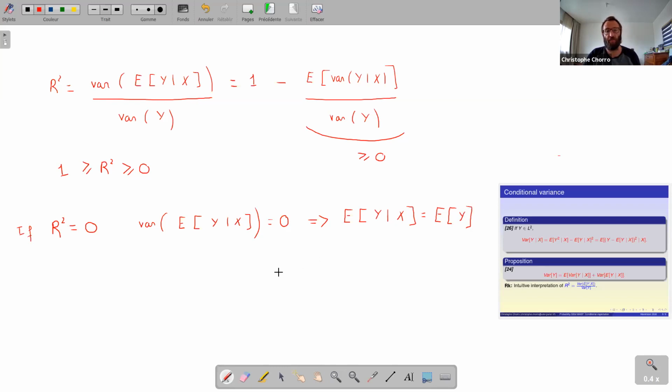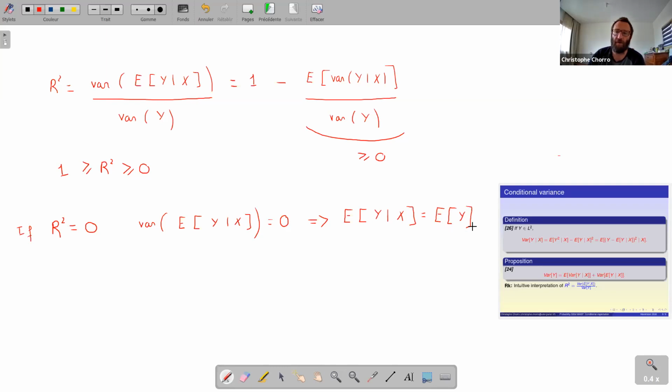And what is the meaning of this? If you consider the conditional expectation as the best approximation of y by a function of x, in the case where the R square is equal to 0, it means that you have a bad approximation. Why? Because what you can obtain by approximating y by a function of x is the same as what you obtain when you approximate y by constants.